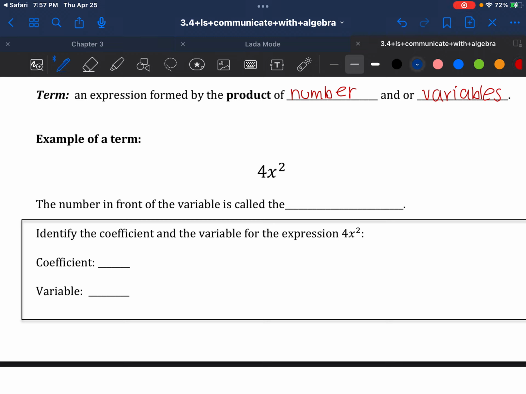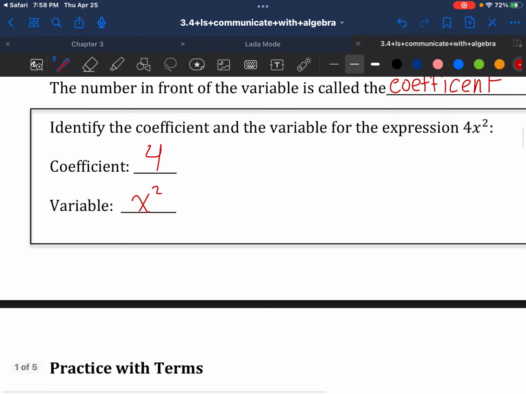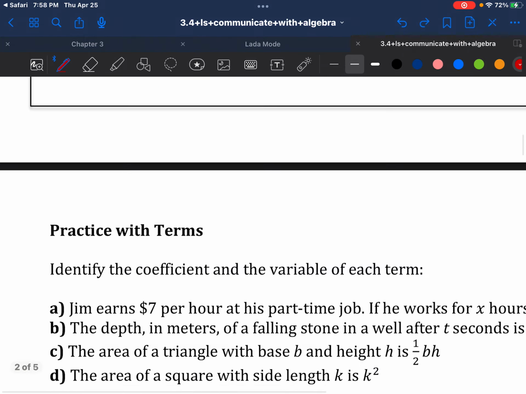And the number in front of the variable is called the coefficient. Identify the coefficient and the variable for an expression. So the coefficient is the number up front, and the variable is the unknown. And that's x squared in this situation.